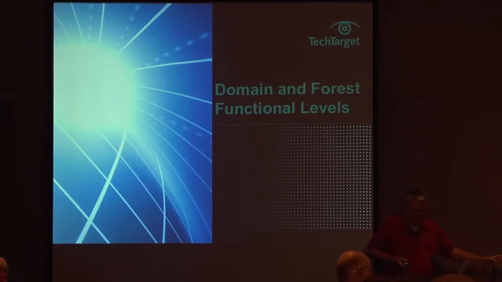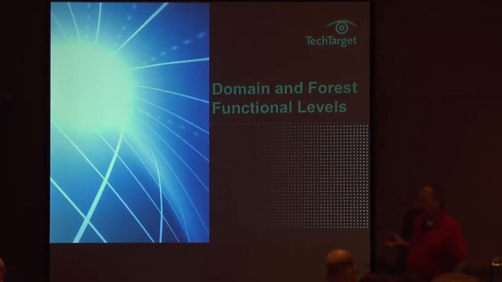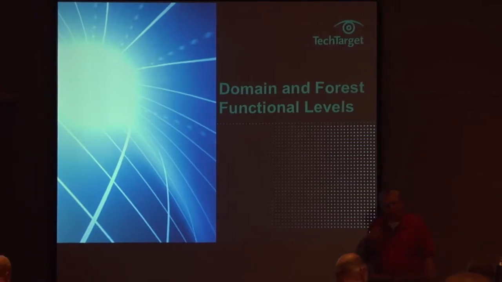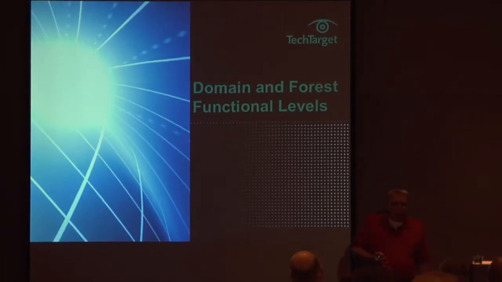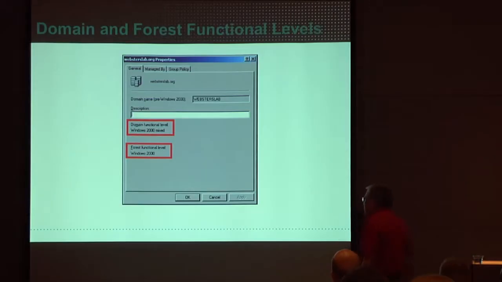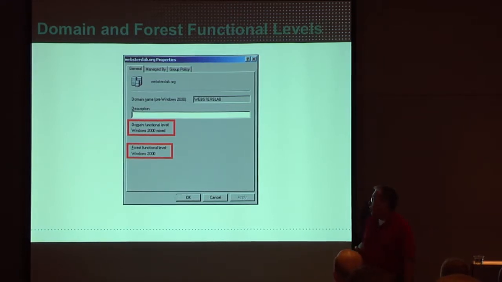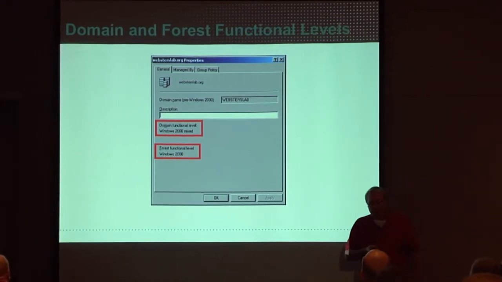Another reason this is bad is because by leaving things at the default, you're not able to take advantage of enhancements to replication topology, to replication, to enhancements to Active Directory security. So for a new 2003 domain, the defaults are Windows 2000 Mixed and Windows 2000.